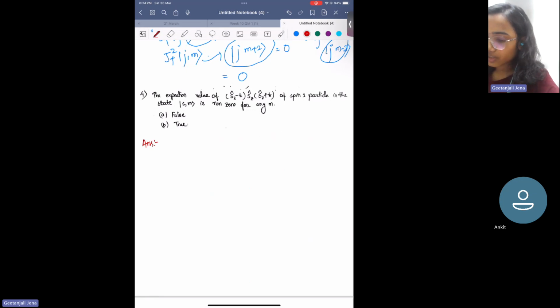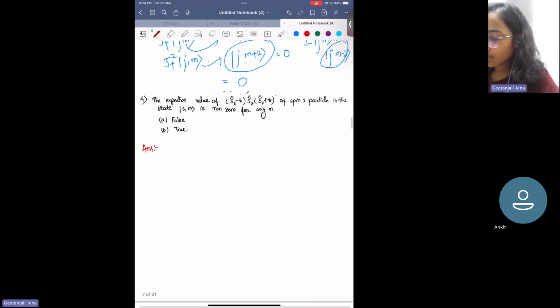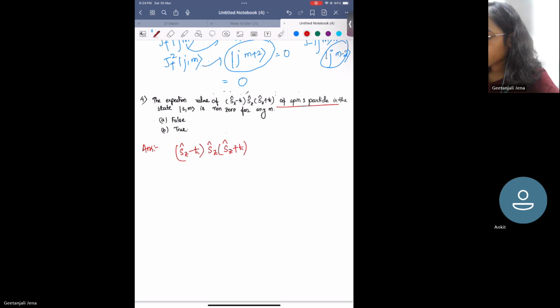Okay. The fourth question: the expectation value of (Sz minus ħ)(Sz plus ħ) of a spin 1 particle in the state |s,m> is non-zero for any m.